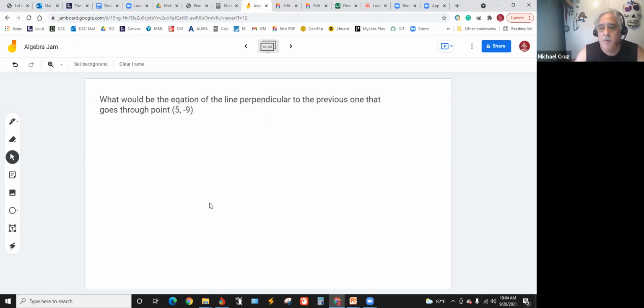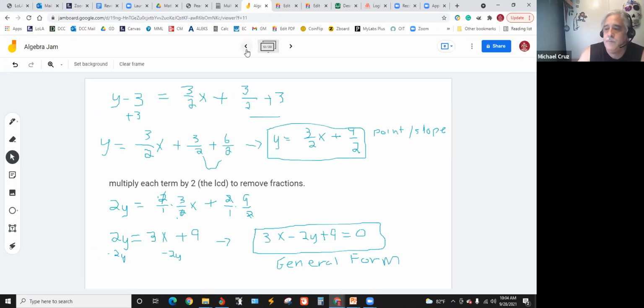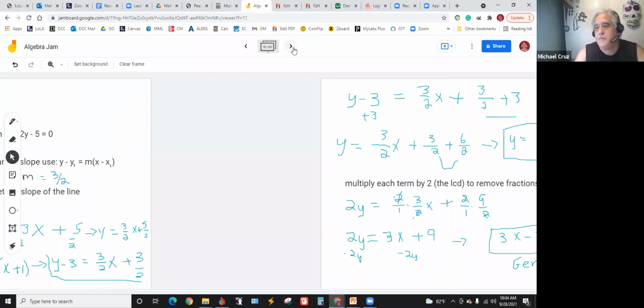All right. So remember, over here, the slope was 3/2. Remember? Slope is 3/2.